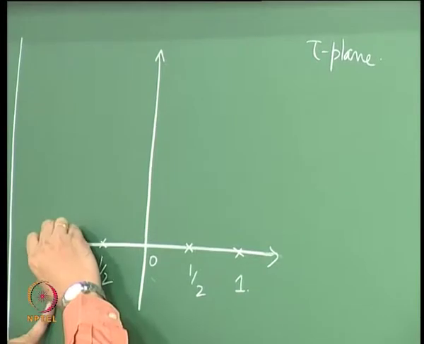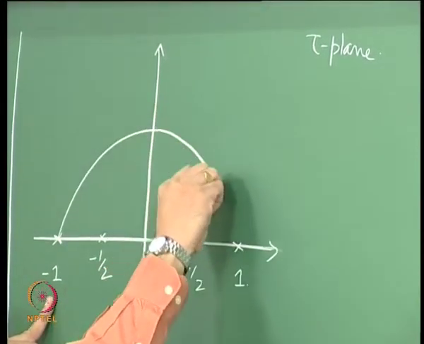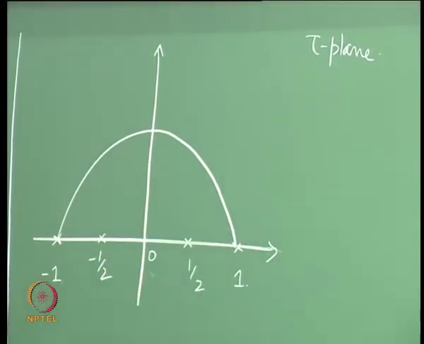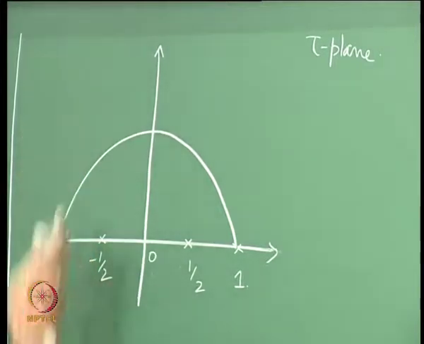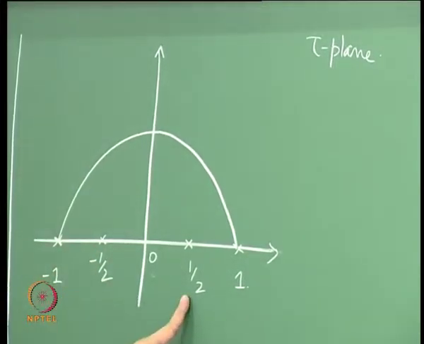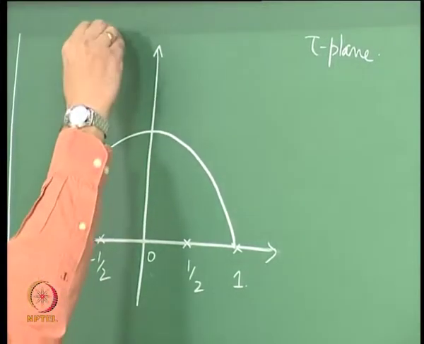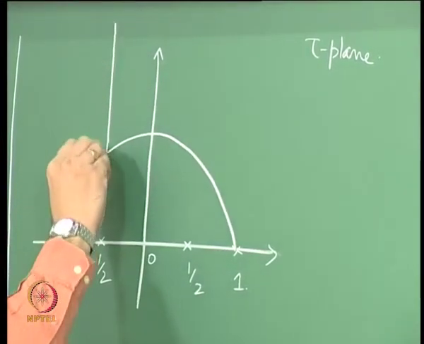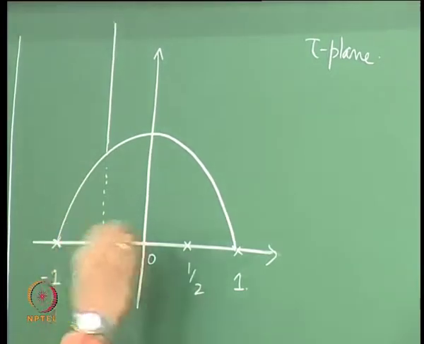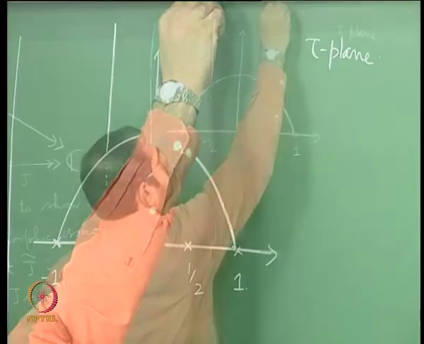So I am going to worry only about the upper semicircle, okay, and then I draw a vertical line passing through minus half and another vertical line passing through half, so I get something like this. This is the line here, and this is another one here.